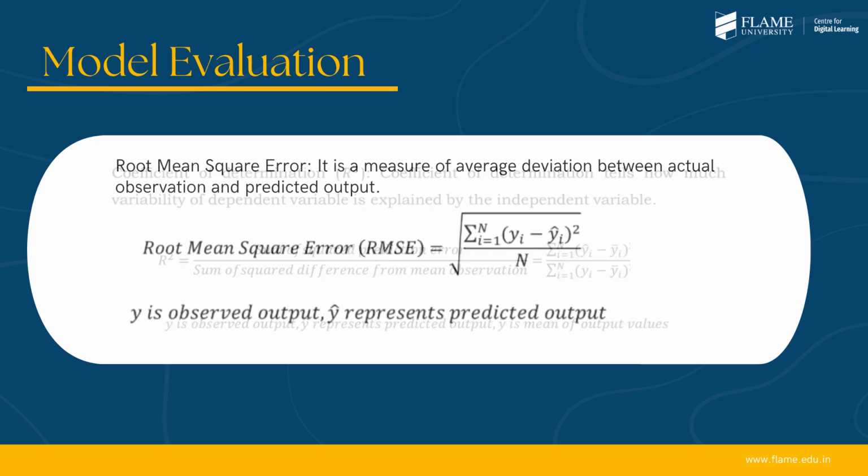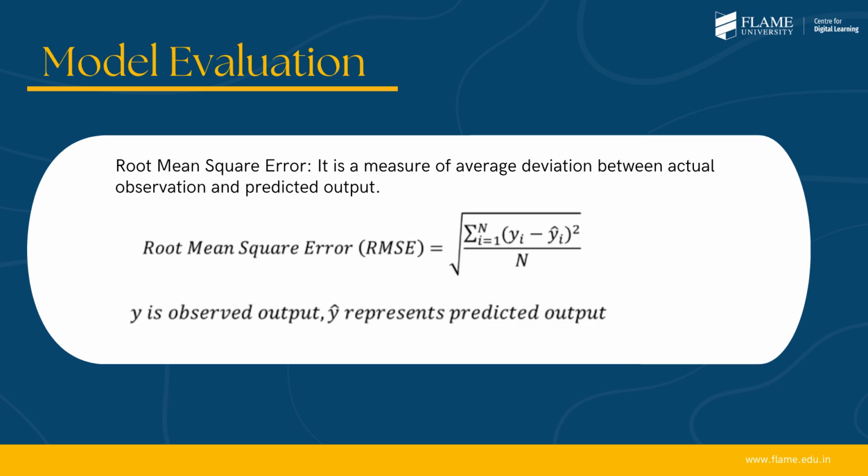The next performance metric is the root mean square error. It is built on the same principle of deviation between your real observation and your predicted outcome. It is a measure of the average deviation between actual observation and predicted outcome. The expression is the square root of the sum of (yi minus yi hat) squared divided by n, where n is the number of observations, y is the observed output and y hat is the predicted output.